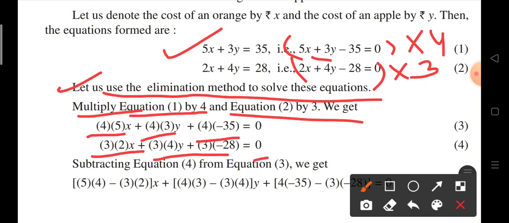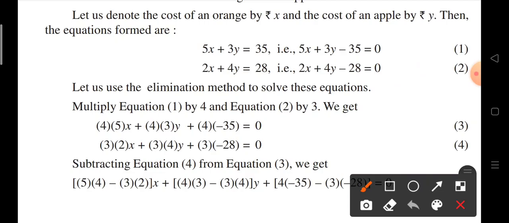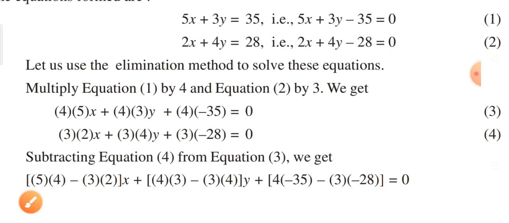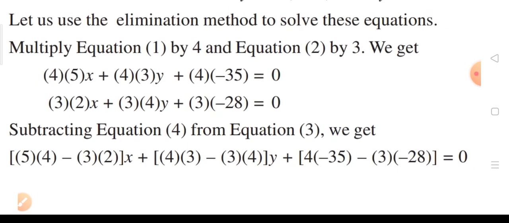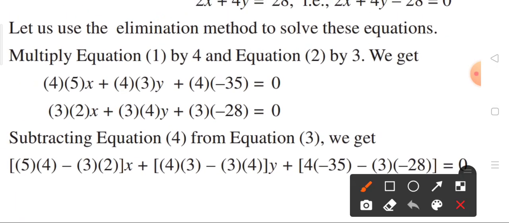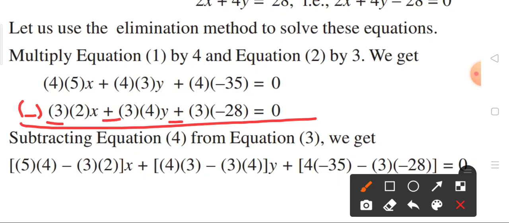Now what we do, we will eliminate, subtracting the equation 4 from equation 3. Fourth equation को third equation में subtract करेंगे, ठीक है? So let us do the subtraction. While doing the subtraction, we will place a sign over here. So plus will become minus, minus, minus.